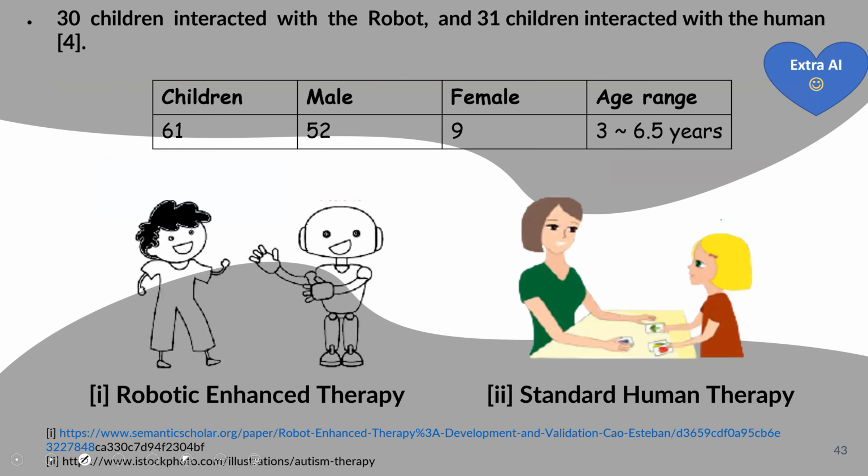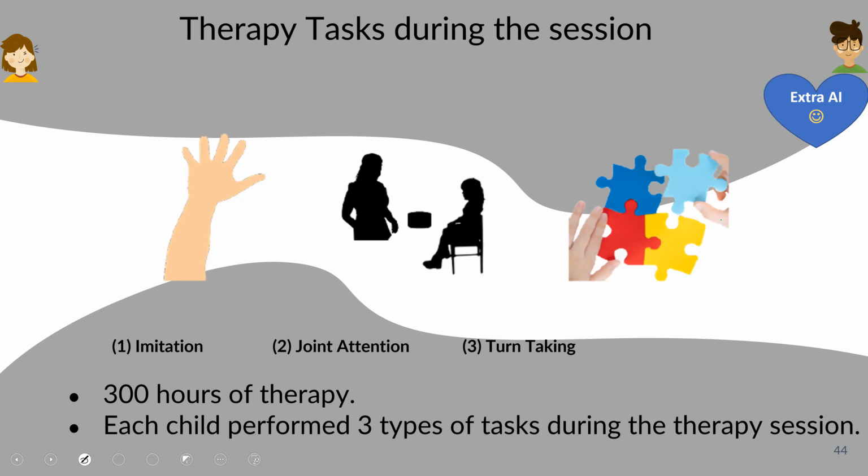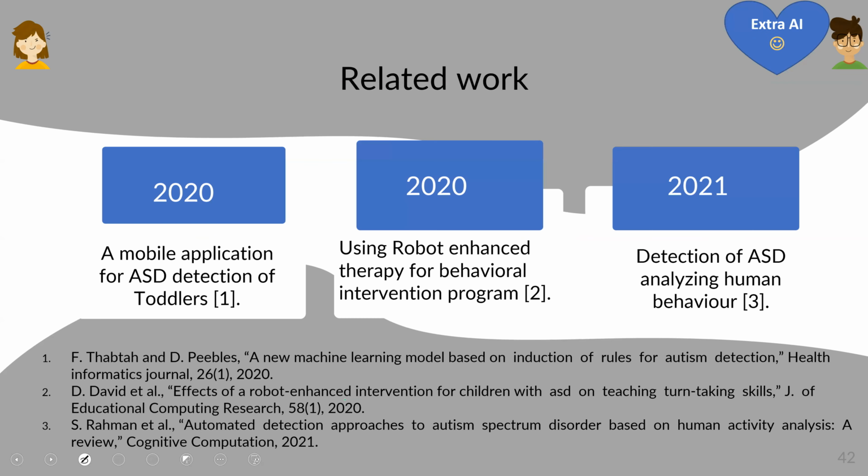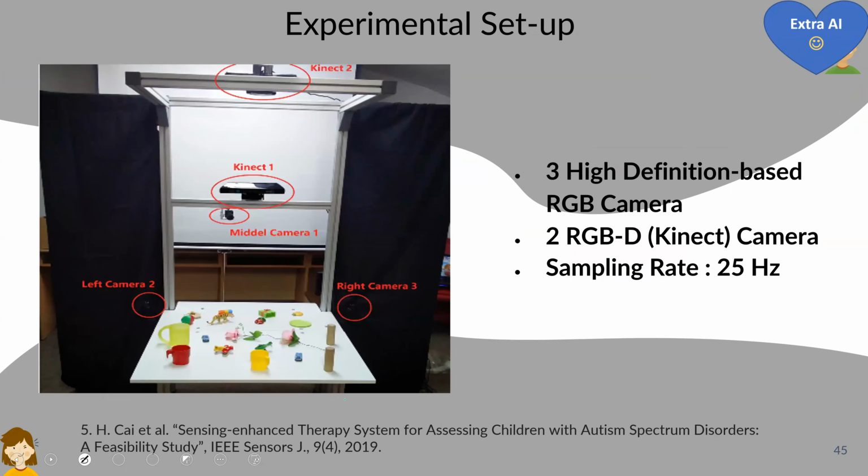So there are lots of works in this data set. We have 300 hours of therapy. These are extra, so if you want to look into details, then you can look. But the main goal is that, say for example, there is a camera, there can be another camera, there can be some other things.